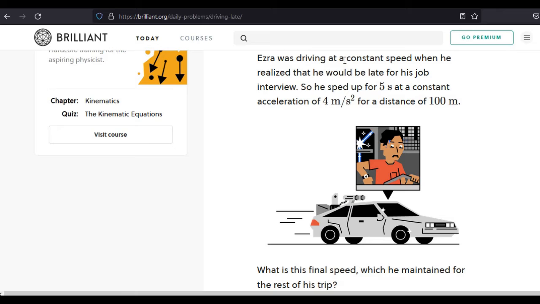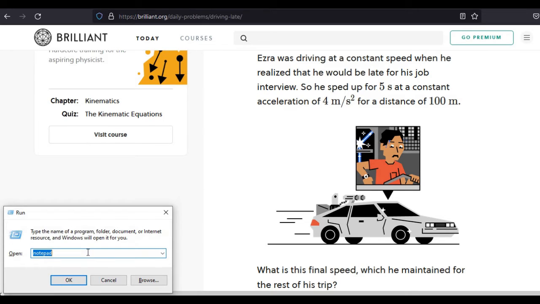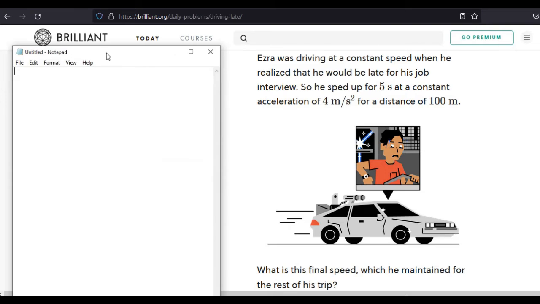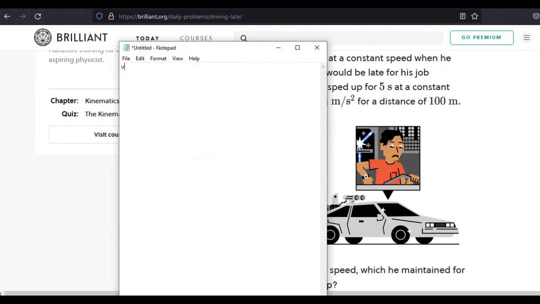For any motion problems, kinematic equations, there are 3 basic equations that one needs to remember. Those are v is equal to u plus at, where v is the final velocity, u is the initial velocity, a is the acceleration, and t is the time. S is equal to ut plus half a t square. Sorry, I can't type t square here, so I put it like this.